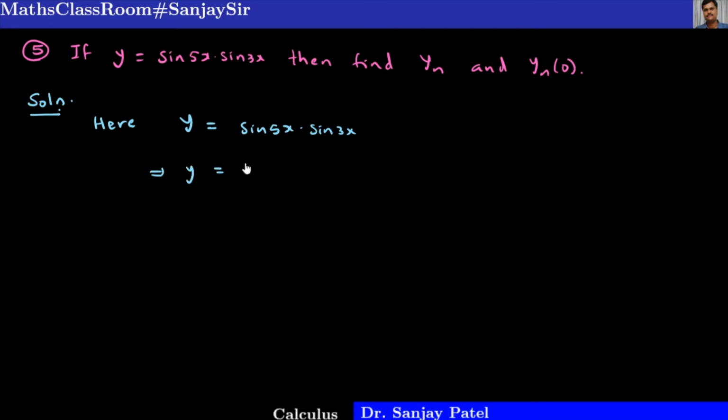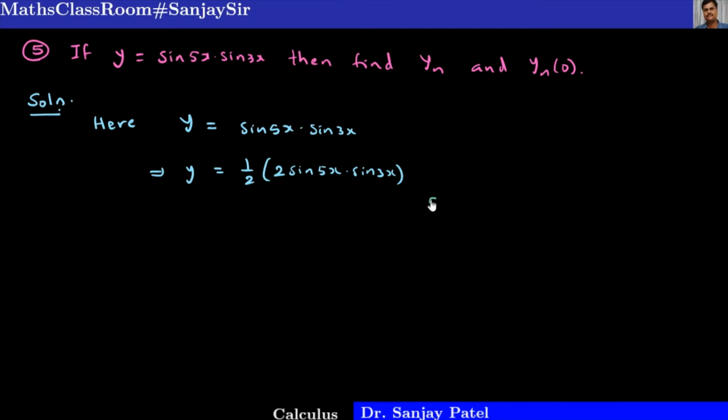This I can write as y is equal to, let us multiply and divide by 2, because we know the formula for 2 sine alpha into sine beta. Let us recall that formula.